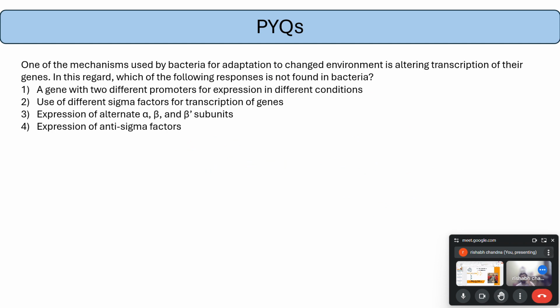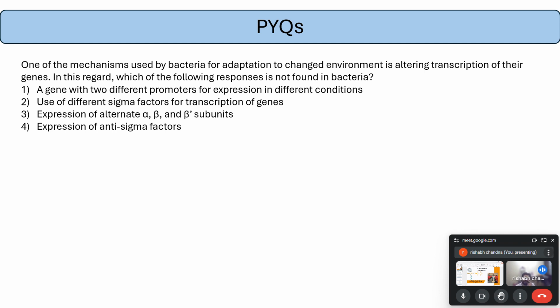One of the mechanisms used by bacteria for adaptation to changed environment is altering transcription of their genes. In this regard, which of the following responses is not found in bacteria? Okay, so the bacteria, when adapted to change environment, alters its transcription of their genes. So, which of the following responses is not found in bacteria? A gene with two different promoters for expression in different conditions.